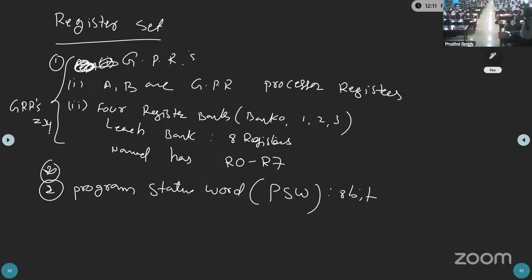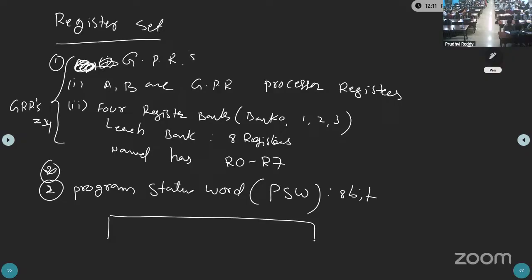Here 34 general purpose. Okay. Now the program status, what is the 8-bit register? The bit format is, next write down, program status, what is the 8-bit register? It is the bit addressable register.